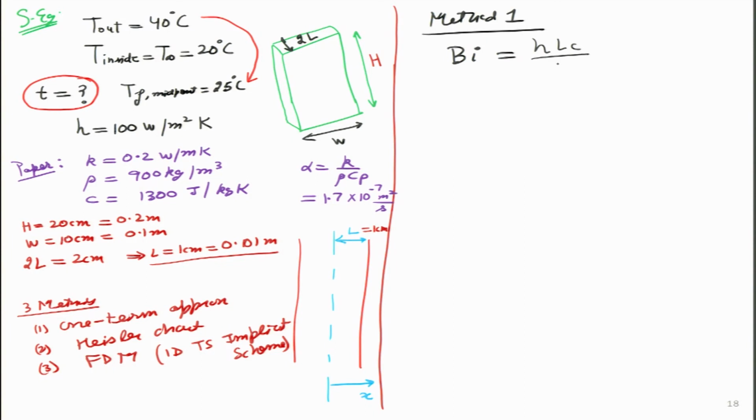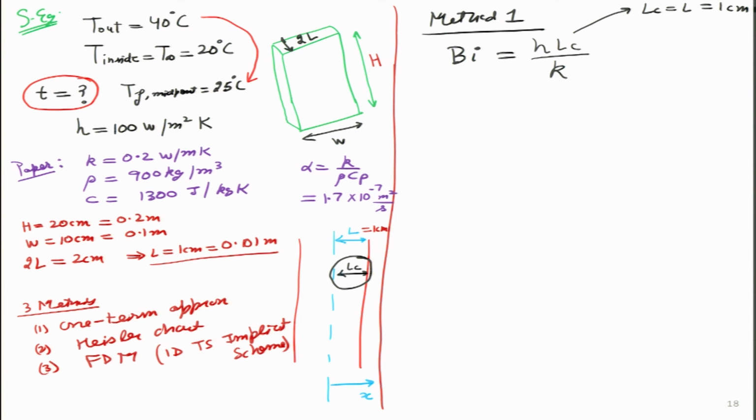So, the half thickness L will determine the characteristic length of the Biot number, which means I will take Lc equals L, which is 1 centimeter. I put a circle over here to mark the characteristic length that we are taking as Lc.